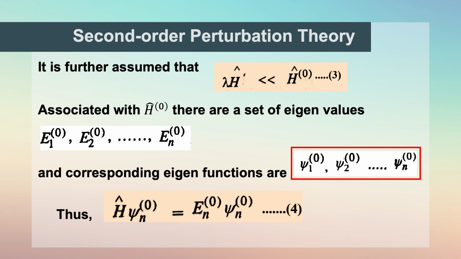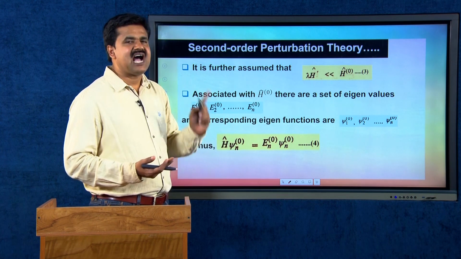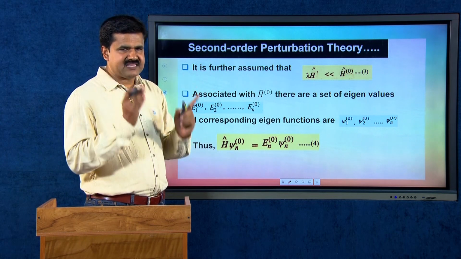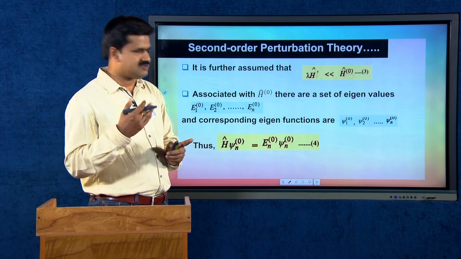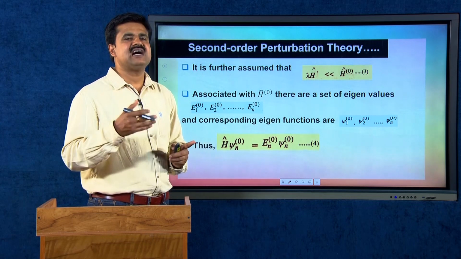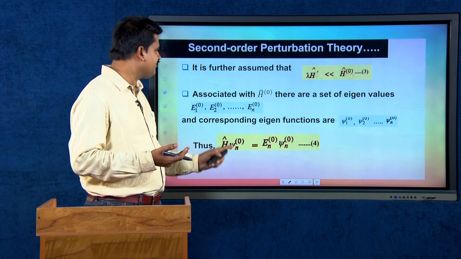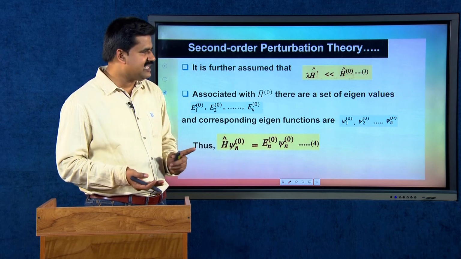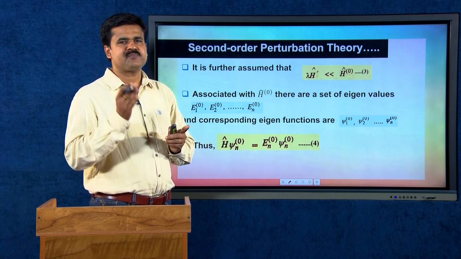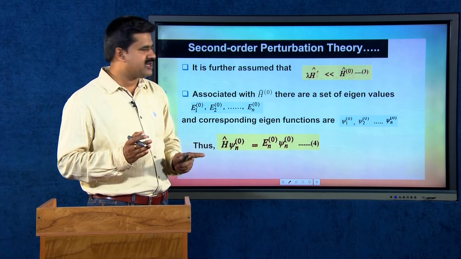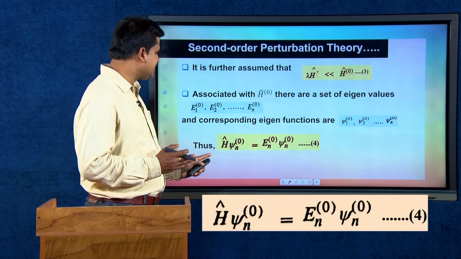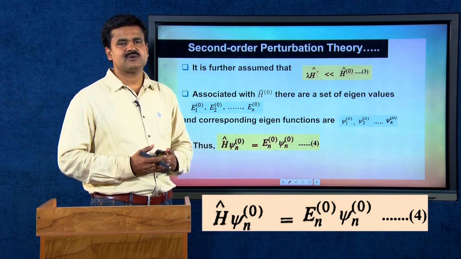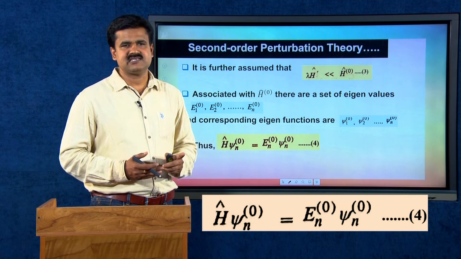For instance, psi10 is the eigenfunction with the eigenvalue E10. Similarly, psi20 is the eigenfunction with the eigenvalue E20, and finally psi n0 is the eigenfunction corresponding to the eigenvalue En0. Thus, we can write H hat 0 psi n0 is equal to En0 psi n0.